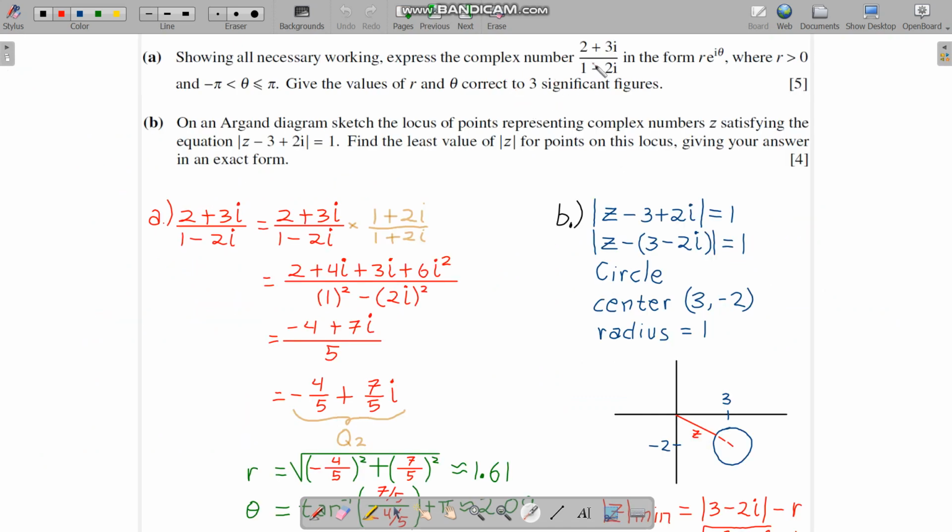Next, we express this number in this form. So we multiply by the complex conjugate. Minus means we use plus, we do the expansion. This is the difference of two squares, and we get this final answer in Cartesian form.